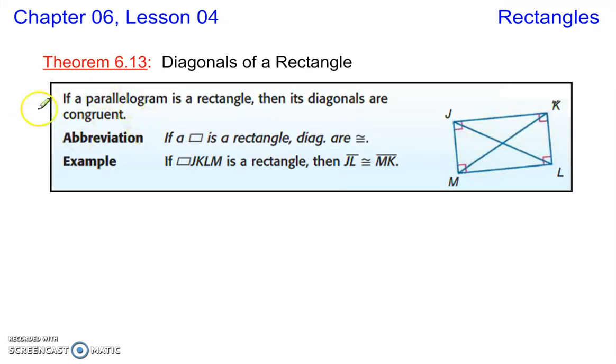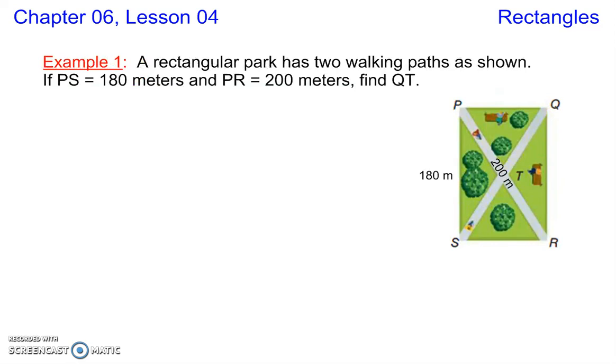Alright, so if a parallelogram is a rectangle, 6-13 says the diagonals are congruent. Here we go. A rectangular park has 2 walking paths as shown. If PS is 180 meters and PR is 200 meters, find QT.